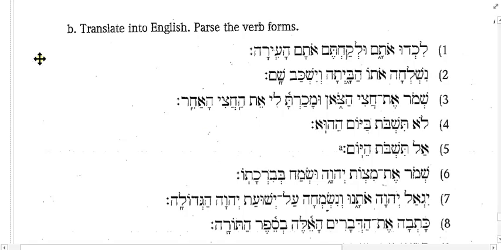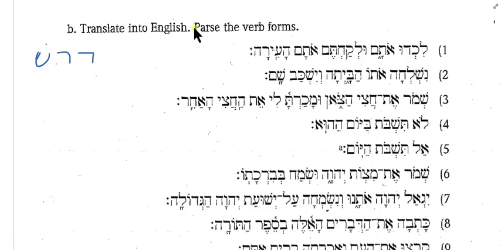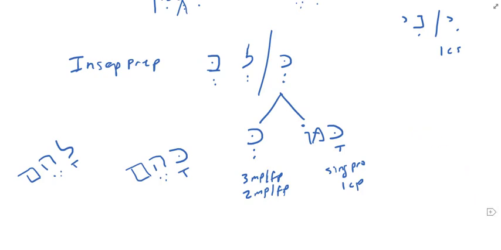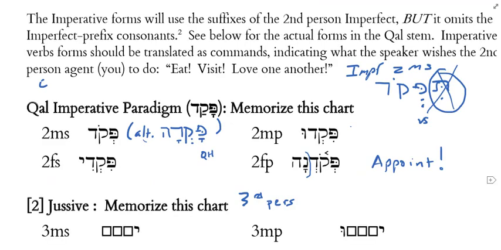Okay? So what you have to do is take the root letters of darash and apply the vowel pointing of the Qal imperative. What's that look like? If you go back to our Qal imperative, our volitional verb forms, this is what it's going to look like. You're just going to switch out the consonants pe, qof, and dalet for the consonants for seek, darash, but you're going to use the same vowel points.